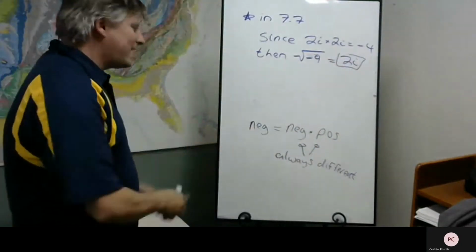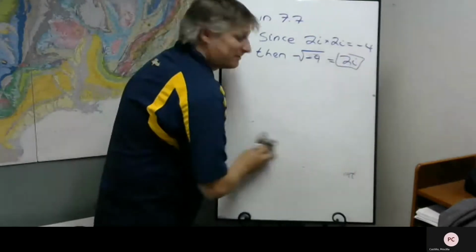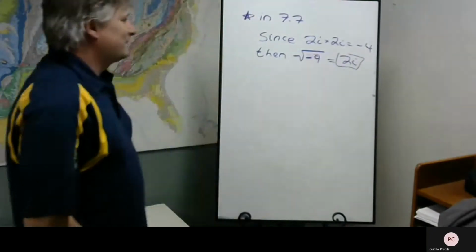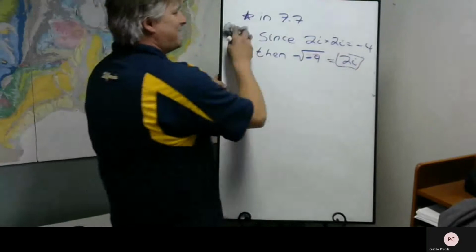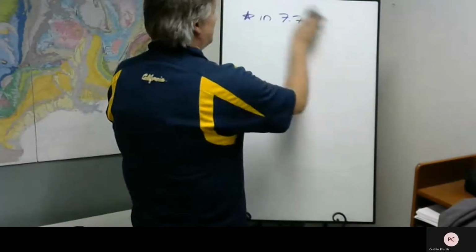We've got to talk about what i is. We're going to do that in 7.7. So we don't have use of i numbers yet. So for now, when we look at even roots, we don't want to take square roots of negative numbers.